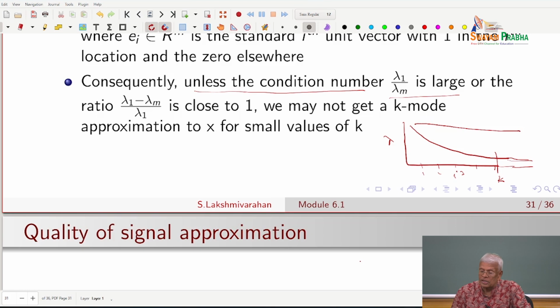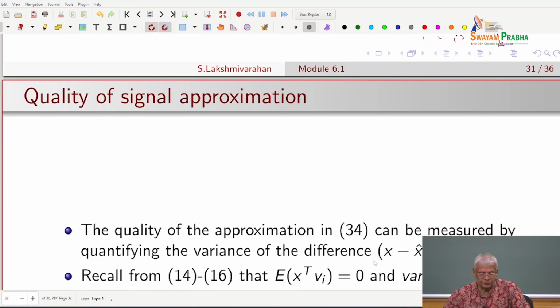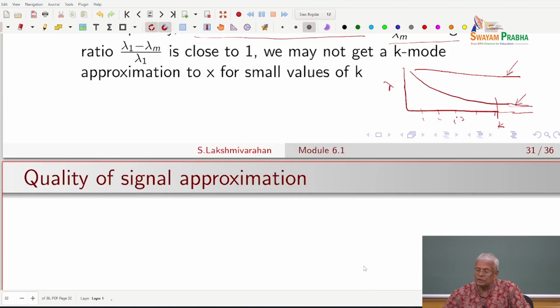Suppose the eigenvalues decrease like this. In this particular case, the eigenvalues, which represent the variance, do not decrease. So in this case, a small k is not possible. In the other case, a small k is possible. These are the two distinct behaviors that we need to keep at the back of our mind. This plot is the plot of the eigenvalue versus the index.